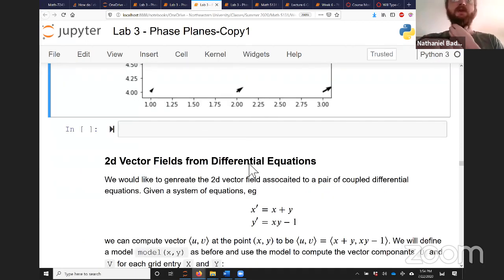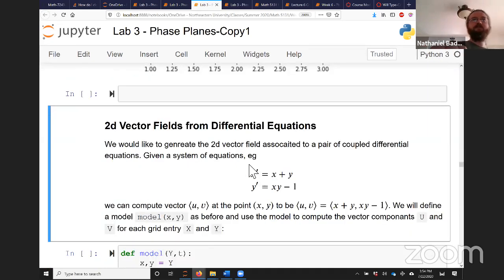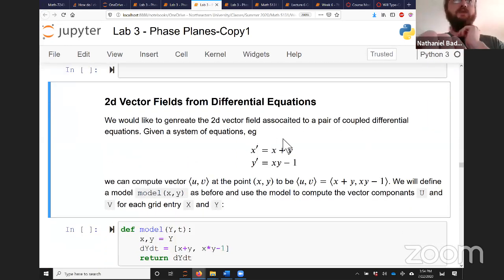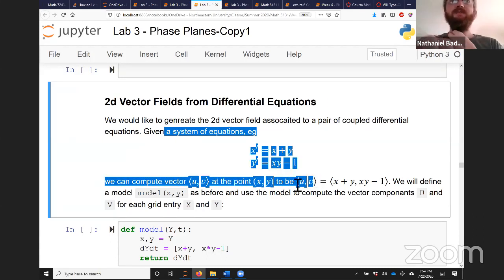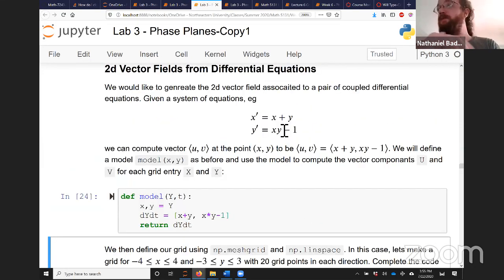Okay. How do we actually do the 2D vector field from a differential equation? If we have a 2D vector field, some system of equations, we can define a model just as before. We're going to use this model for exactly what ODE was using it for before, just to get the derivatives, right?